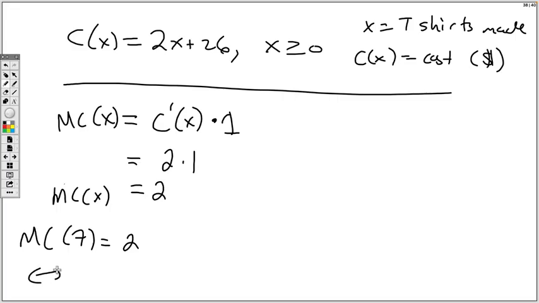And once again, what does this represent? This is the approximate additional cost it would take to make the next item. You follow? So if we're making 7 t-shirts, the next item would be the 8th t-shirt.